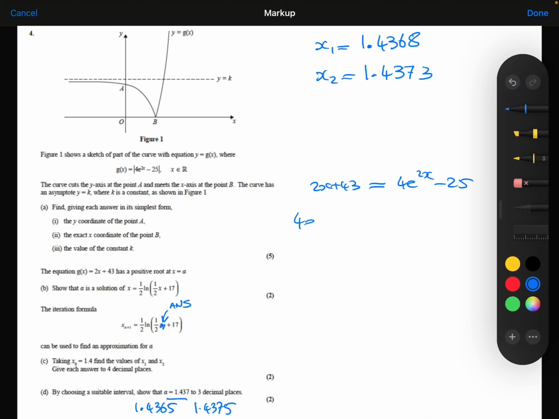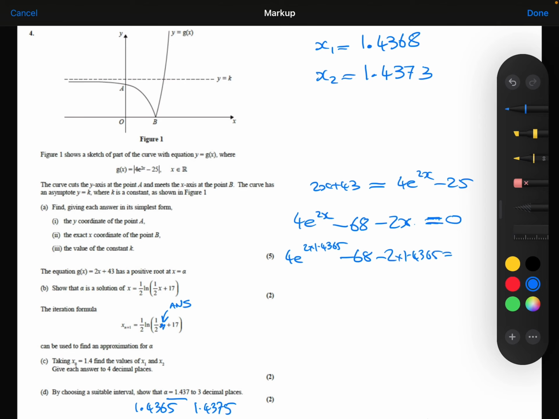So I'll get 4e to the 2x minus 68 minus 2x is equal to 0. This is an equation that now equals 0 that corresponds with the alpha. So therefore I can substitute my intervals into this. So 4e to the 2 times 1.4365 minus 68 minus 2 times 1.4365.